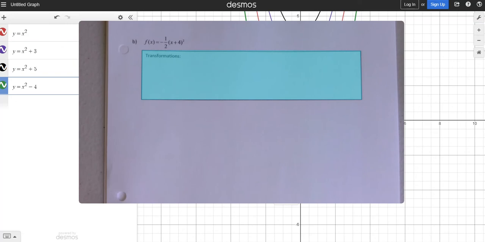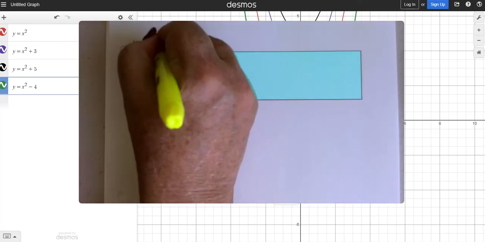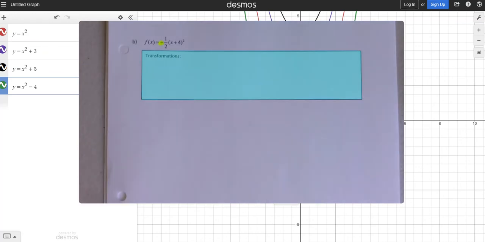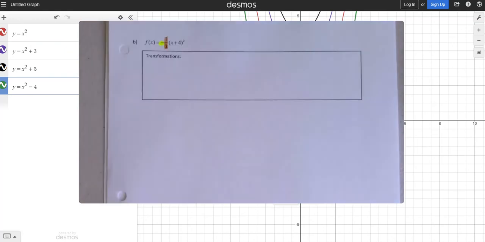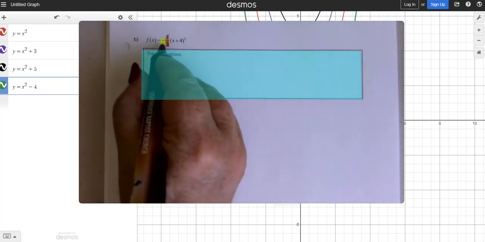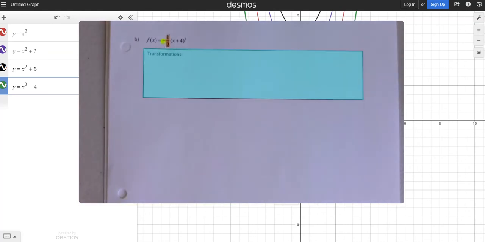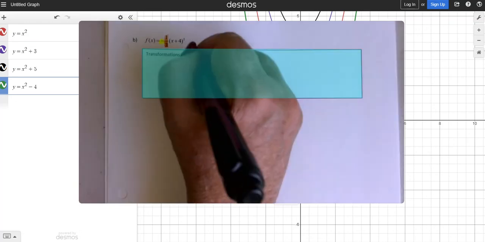So thinking about the transformations, I have a negative out front here, and then I also have a multiplier of 1/2. And I'm kind of going to talk about those separately because they each tell me about something, right? The negative sign is going to turn that parabola upside down, or formally we say it reflects across the x-axis.